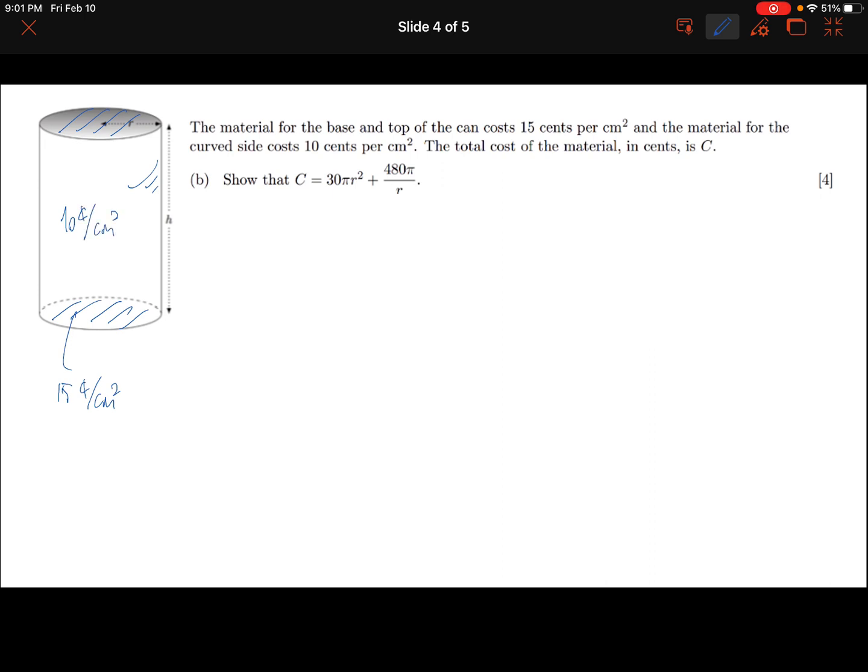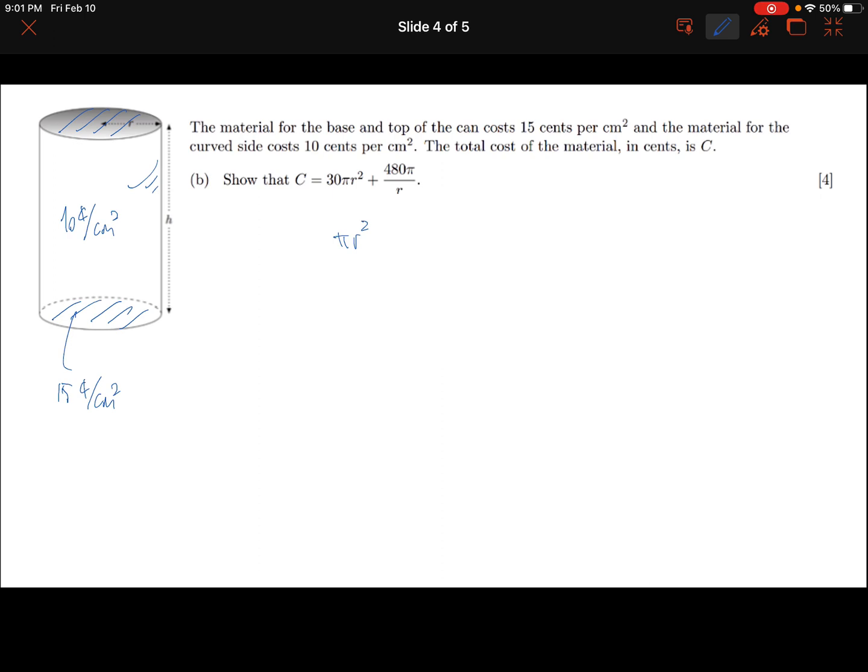Show that the cost function C in cents is that expression there. So the prices are for the area. Let's break the area up into pieces. We have the area of the base and the area of the top. They're both circles, and the area of a circle is pi r squared.